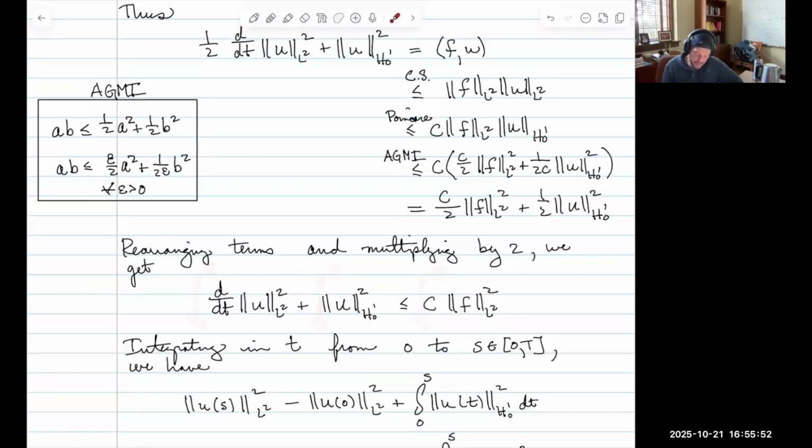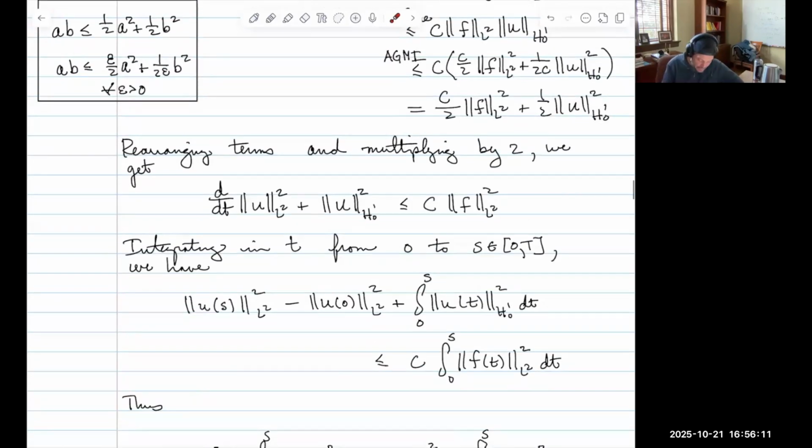Well, how do I know these inequalities still hold? Because these are positive quantities. And if I have one positive function greater than another positive function, and I integrate them up to s, then the integrals inherit the same inequality. Now, it just so happens that when I integrate a derivative in time, what do I get? Well, that's the fundamental theorem of calculus.